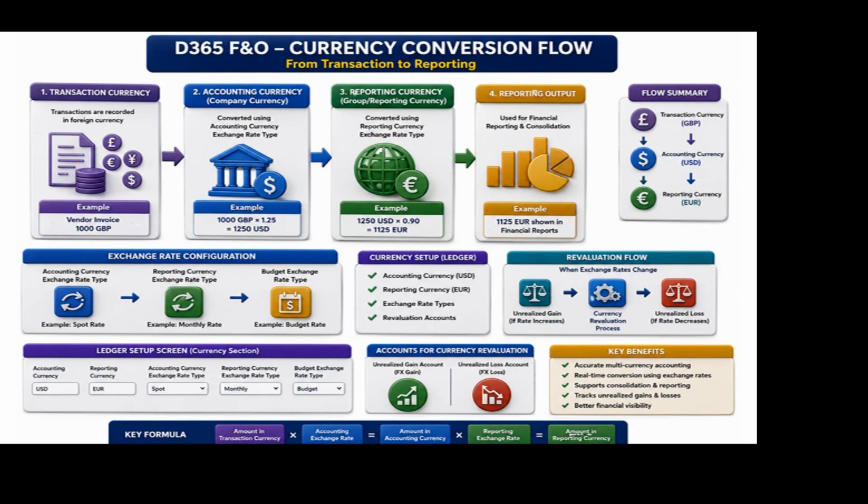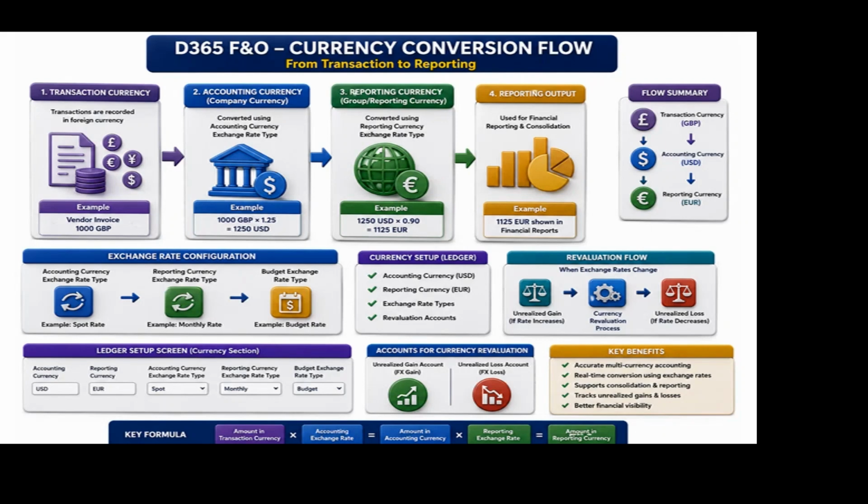Again, we have the accounting currency, which is your home currency, converted using the accounting currency and exchange rate type. Your accounting currency is the currency you use to do your reporting. Transaction currency is the currency you use to transact.